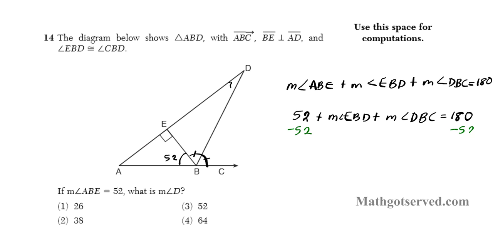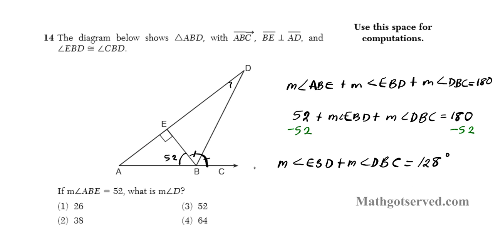So the measure of angle EBD plus the measure of angle DBC equals the difference, 180 minus 52, which gives you 128. Okay?